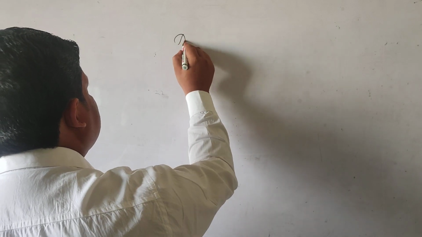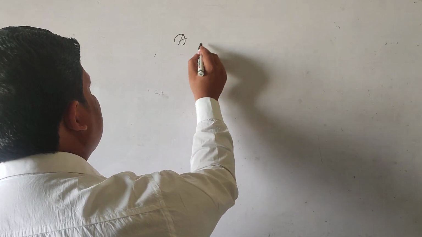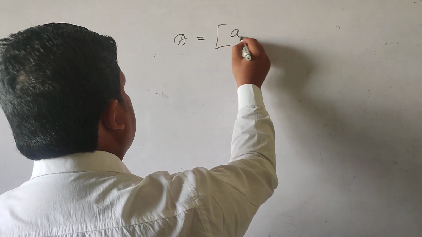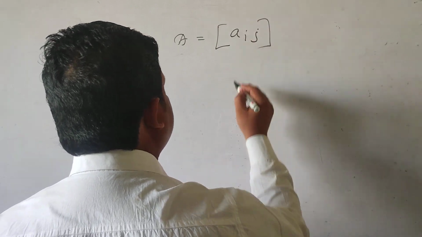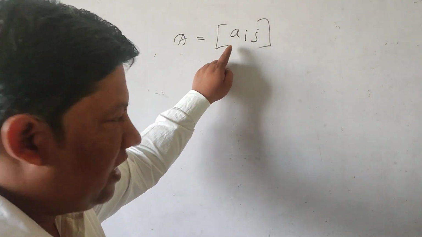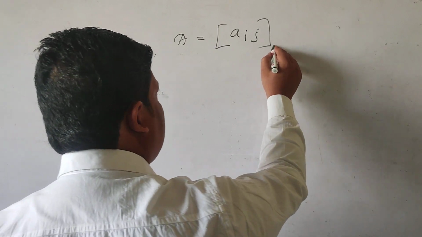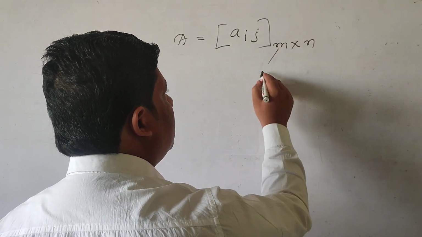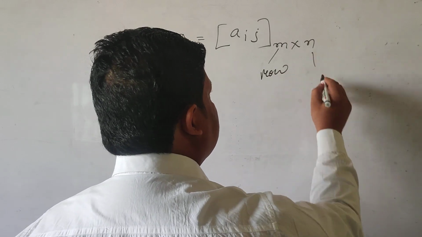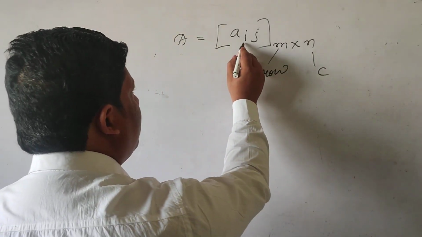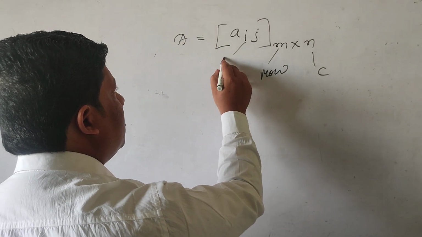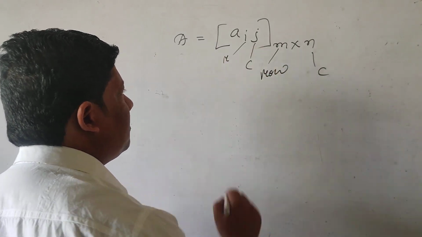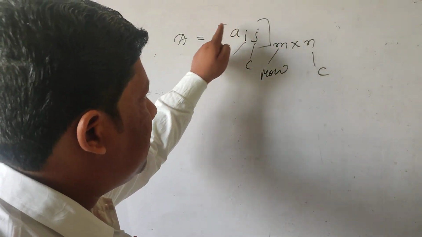So A is the matrix, and this matrix is denoted by Aij. This is the matrix sign, and it has an order. It is the row and it is the column. The first element is the row and the second element is the column.